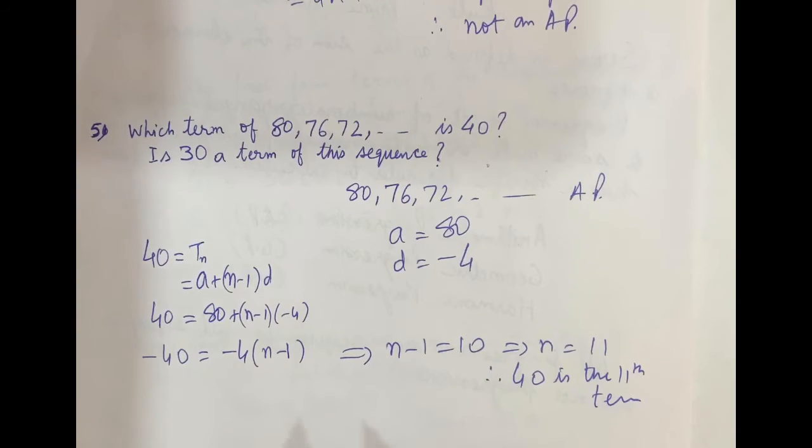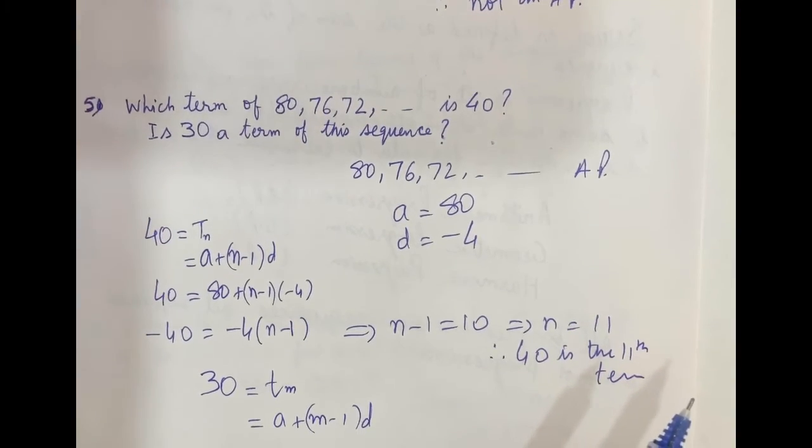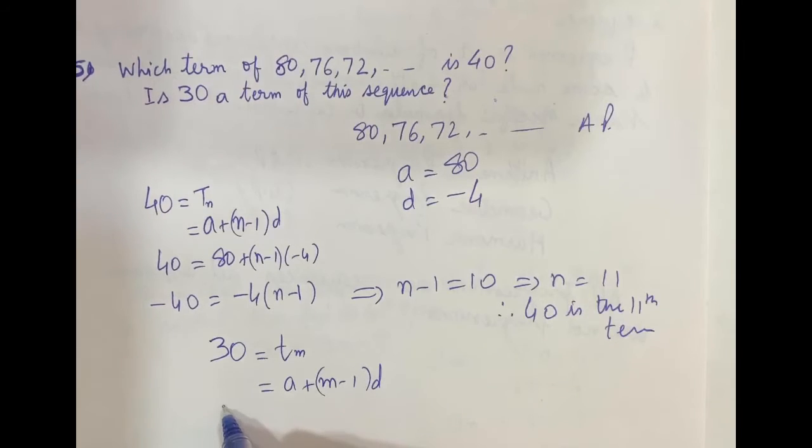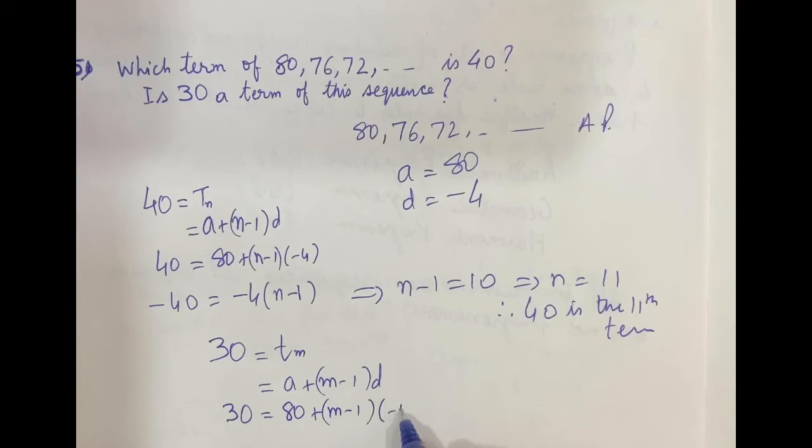To check if 30 is a term of this sequence, we write 30 is, let's say, the mth term, that is a plus m minus 1 into d. So 30 equals a, which is 80, plus m minus 1 into d, which is minus 4.